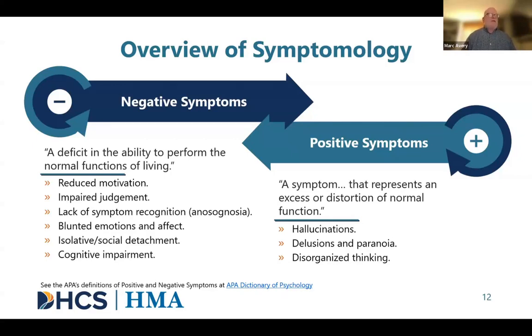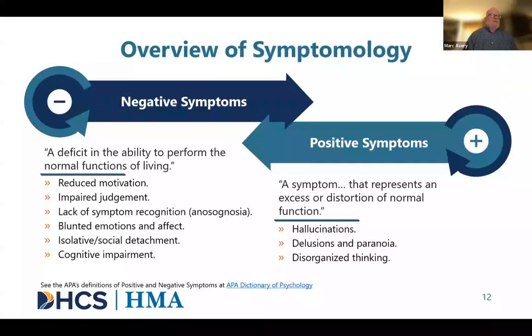However, the APA defines negative symptoms as a deficit in the ability to perform normal functions of living, whereas the positive symptoms are an excess or a distortion of the normal function.